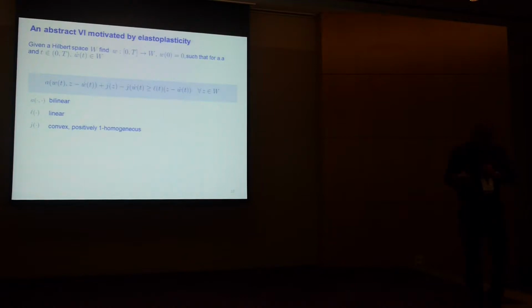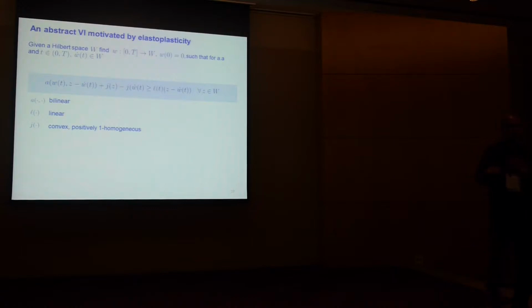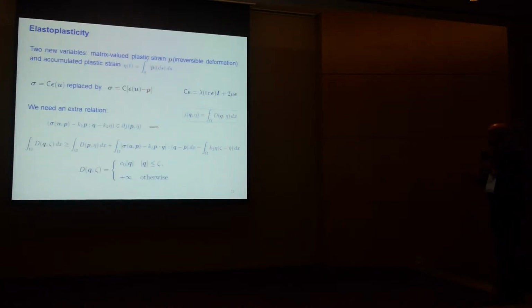So, the point then is that this variation inequality arises, well, in more than one context, but most particularly in the context of elastoplasticity. So I'd like to spend a couple of slides showing you where it comes from, and then I'll come back to it and we'll talk some more about its approximation and so on. So, well, you remember elasticity.